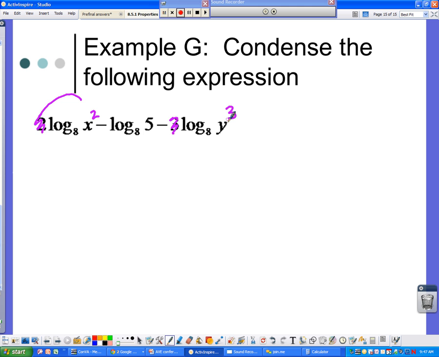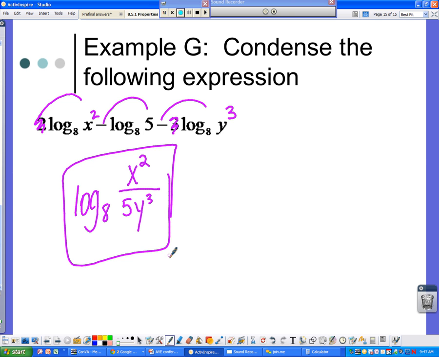Even though there's double minuses, they just simply go under the fraction bar. So our one single log is going to be log 8. We start with x squared. There's a minus. 5 comes after the minus, so that tells us it's got to go under the fraction bar. And then y to the 3rd comes right after a minus, so it's got to go under the fraction bar also. So that's what our final answer would look like.